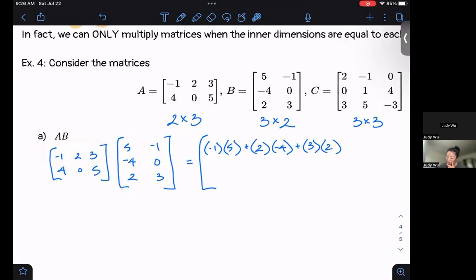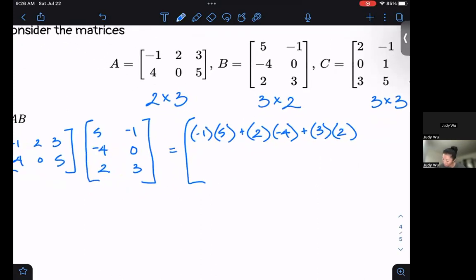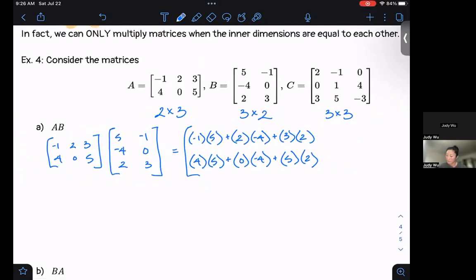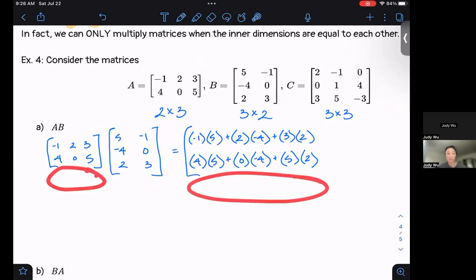Now to find the next entry, I can take the second row and the first column and do a similar thing: 4 times 5 plus 0 times -4 plus 5 times 2. Now I don't have any more because I don't have any more rows from the first matrix.